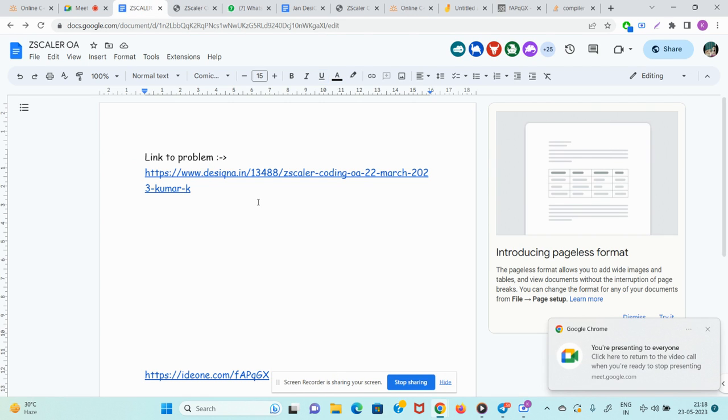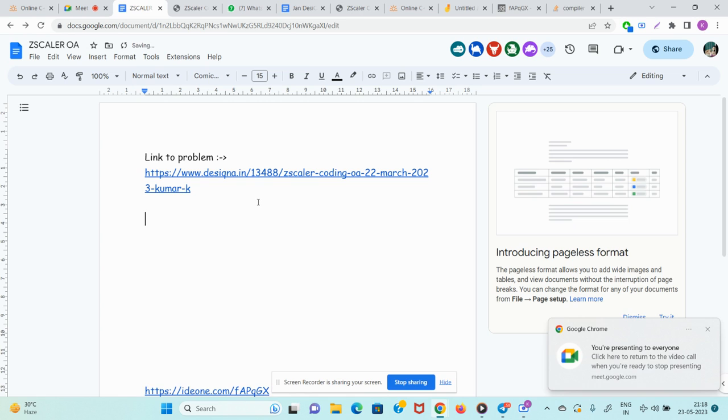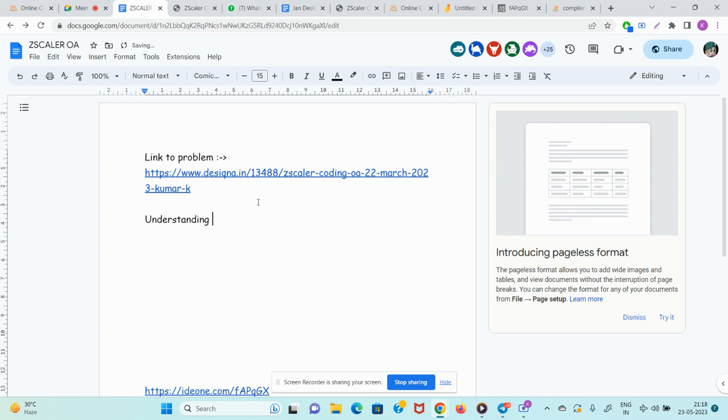So let's clear the understanding of the problem. We are given a very large value n. N can be very big, it can be this big this time. Anyways, no need to worry, we will handle it.